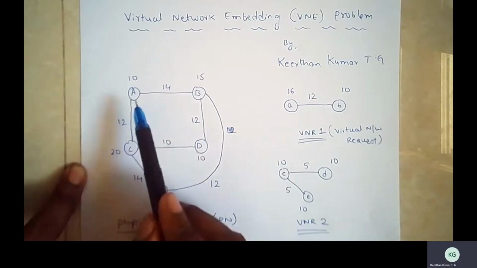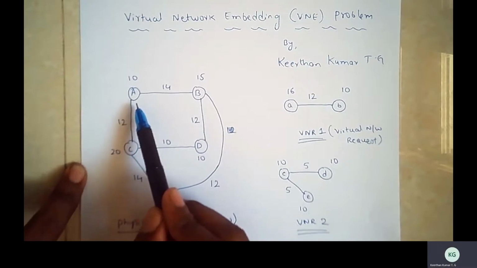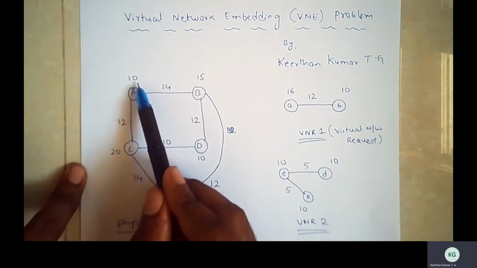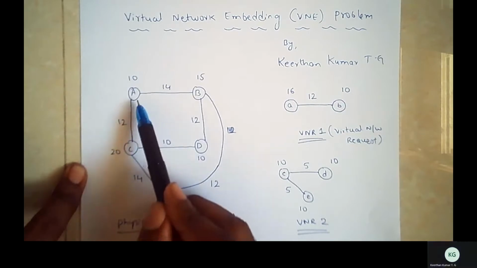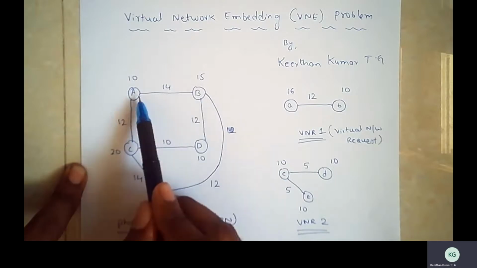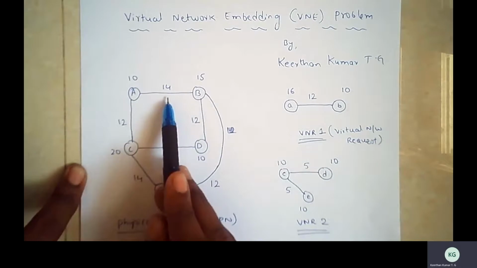For example, take node A, which is a physical server with the name A, having a CRB available capacity of 10 units. Similarly, there is a connection between A and B, and that link has an available bandwidth of 14 units, like that.